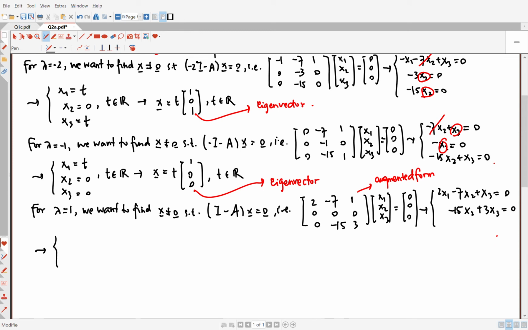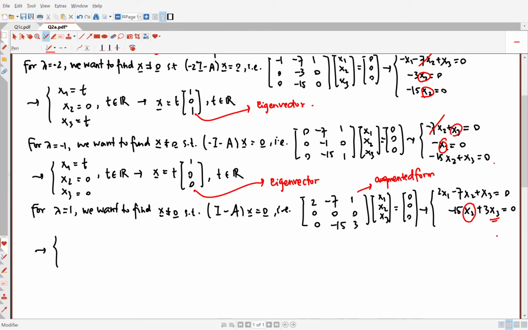We see that if I make x3 a free parameter, then I can express x2 in terms of that free parameter. After that, x1 I can express in terms of x2 and x3, but x2 and x3 we can express in terms of that free parameter.